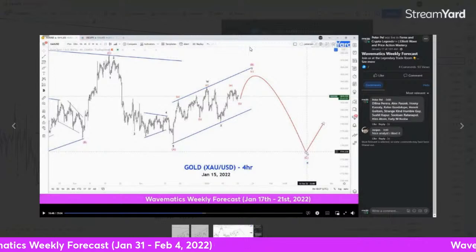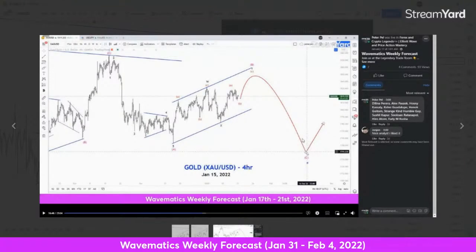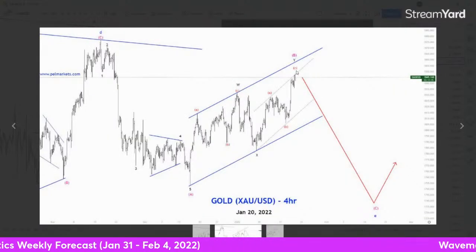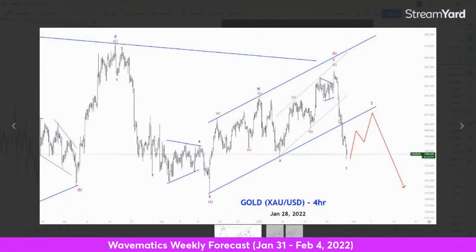We were anticipating a move to the upside to complete this red wave C. Then we will look at reversal signs for a move to the downside. On January 20th, we got the move we were looking at to the upside. Then we were looking for reversal signs, and now this is where we are, as I posted on January 28th.